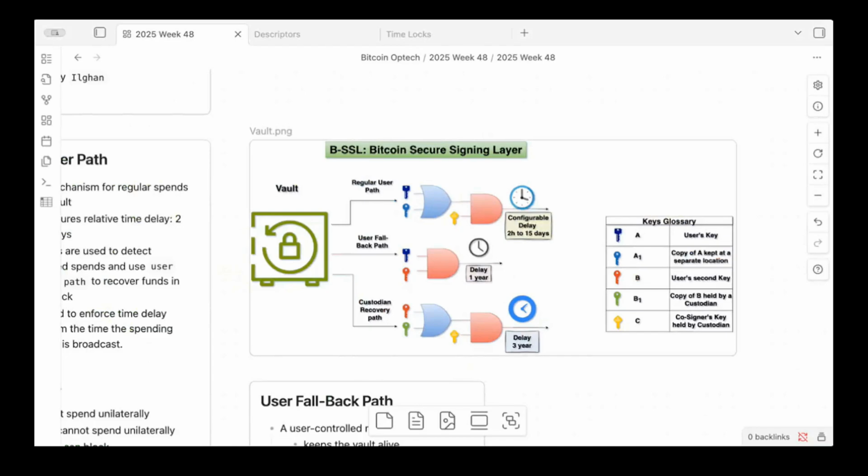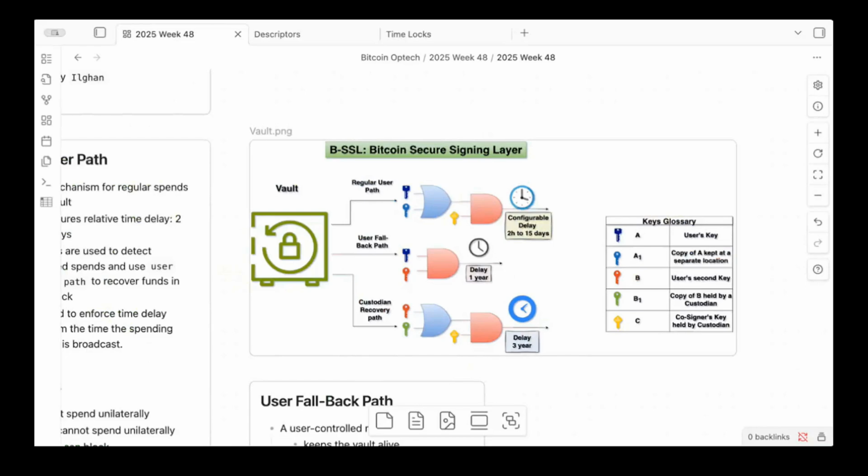Okay, interesting. Bala, on similar lines, when they say copy of A and copy of B, they're not like a replica, right? Yeah, it's the same key. The whole idea is that you have your key at two locations.